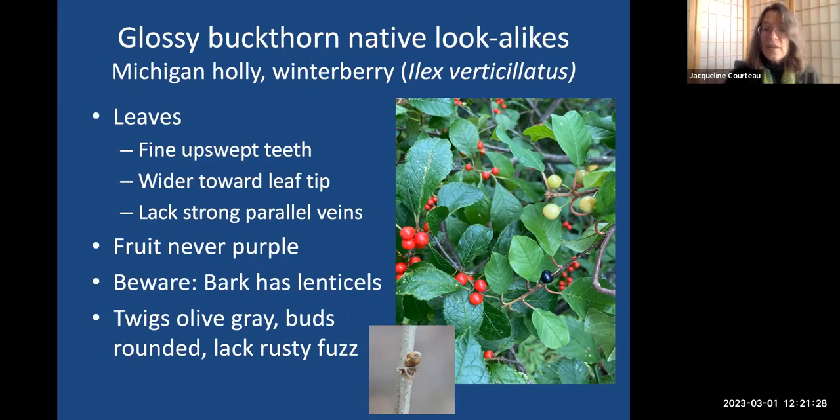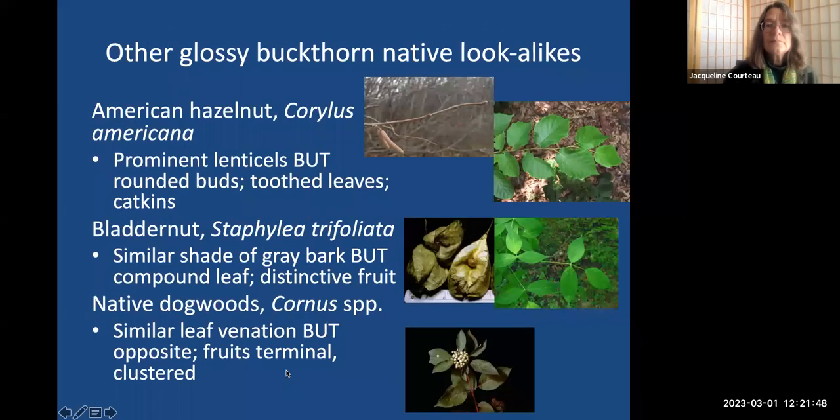The twigs are an olive gray color. They can have an almost waxy coating, and the buds are rounded. They lack that rusty fuzz. So making sure to look at several characters, the buds and twigs, as well as the leaves and fruit, will be very helpful for you.